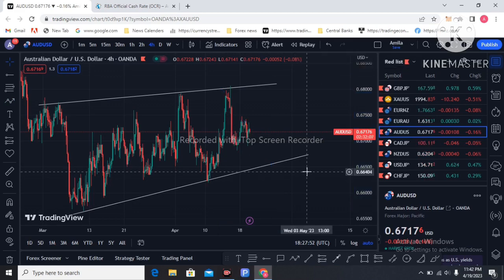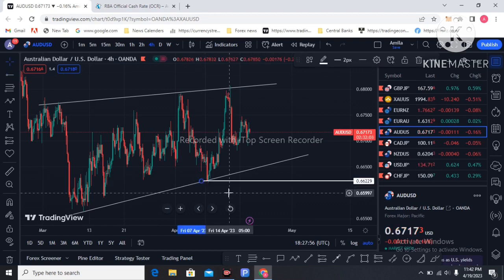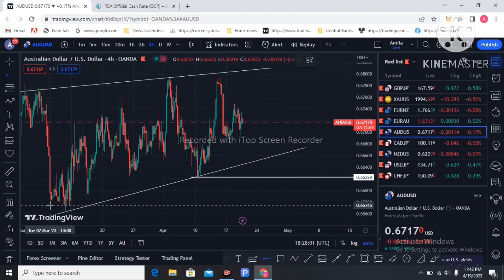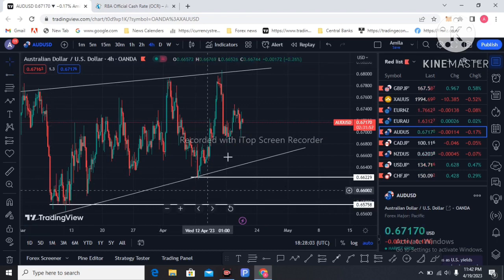That's the picture I am seeing on AUDUSD. Your first short-term target is there and your second short-term target is there. So that's the sell opportunity on AUDUSD.